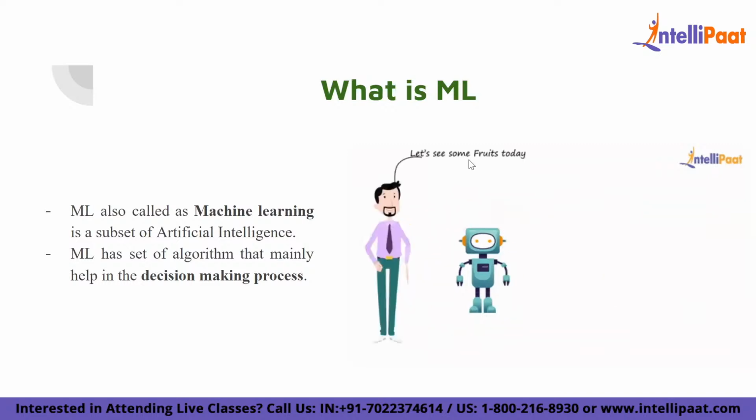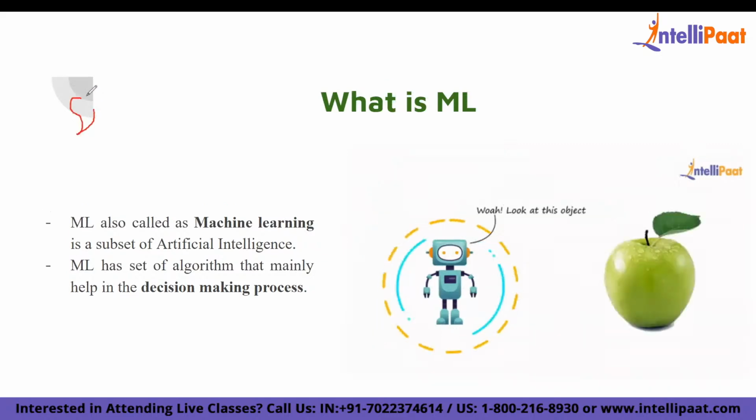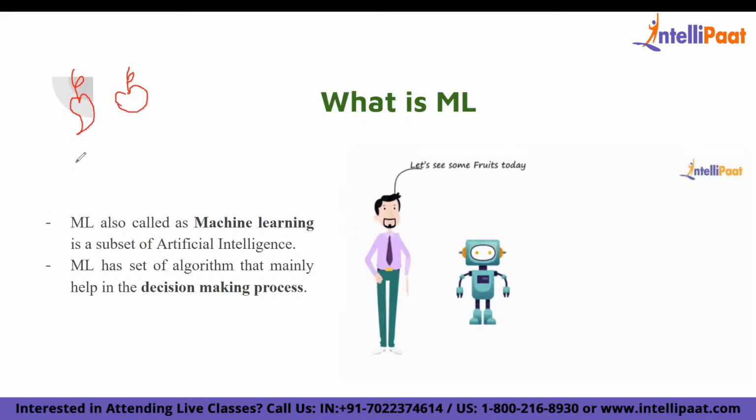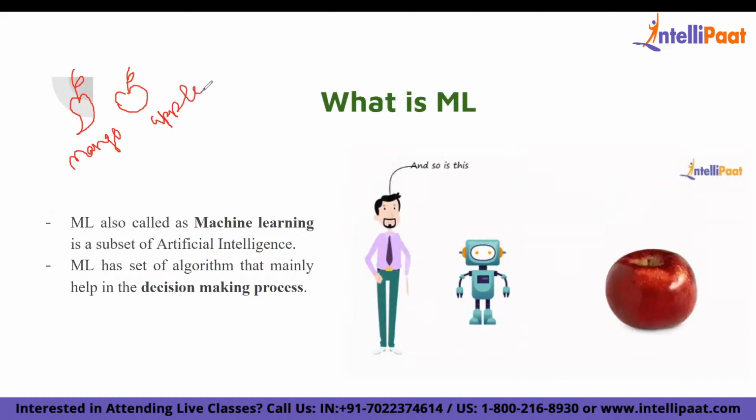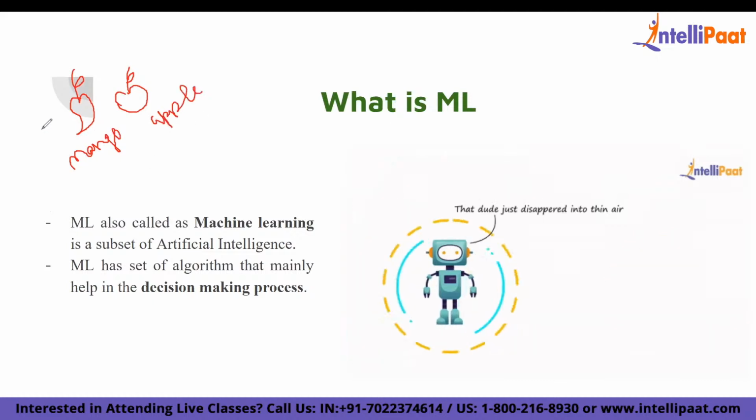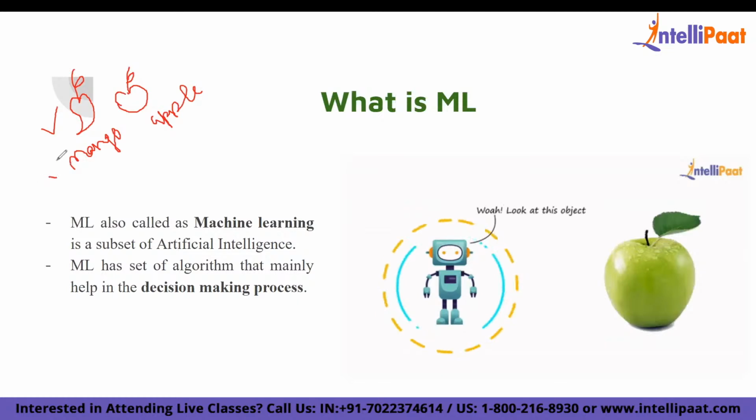What I mean is, okay, let's say here we have an apple. Okay, here we have an apple or a mango, and then here we have an apple. So if you are giving a mango and you write mango, and here you have an apple and you write apple, okay, so this is the data and this is the label.